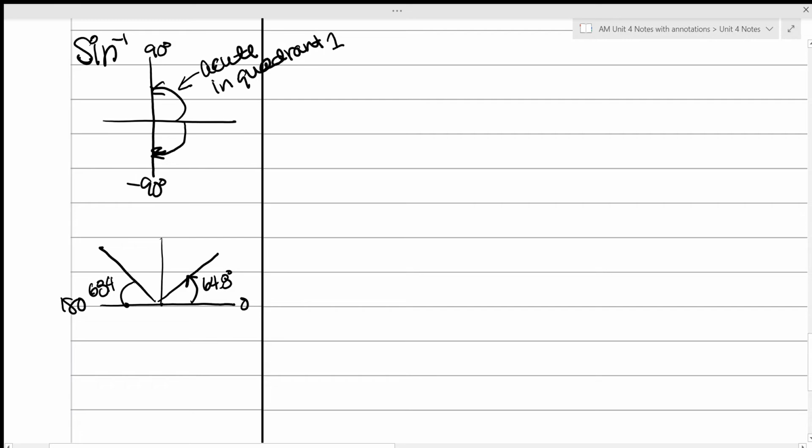In either case, there's potential for another triangle. So I'm going to put the 64 here. I could have this one here. Notice that it still makes a triangle. They look different, but it does make that second triangle. So we're going to check for that.